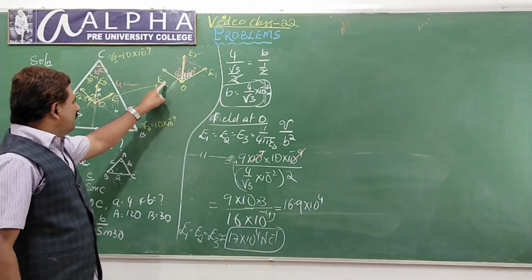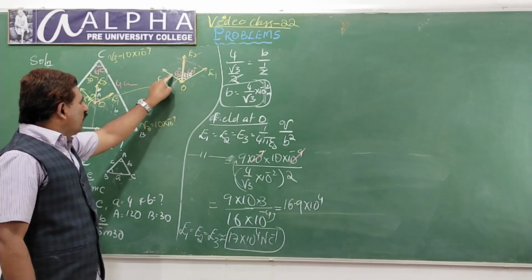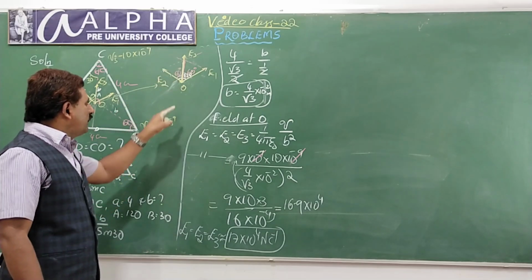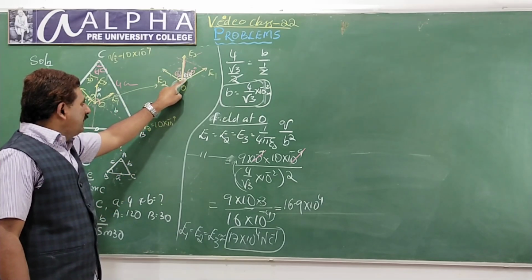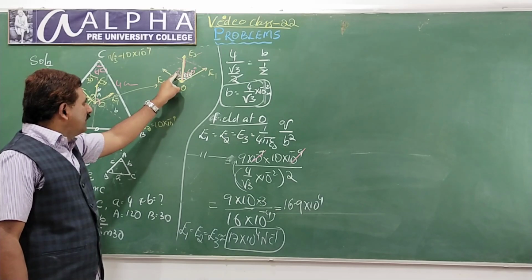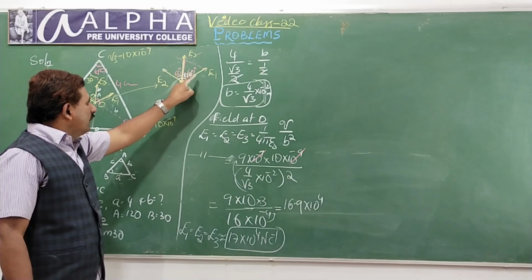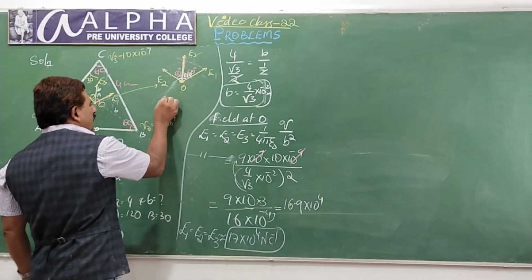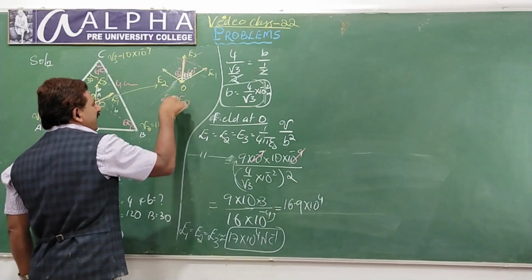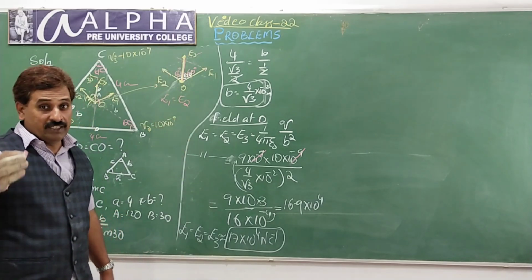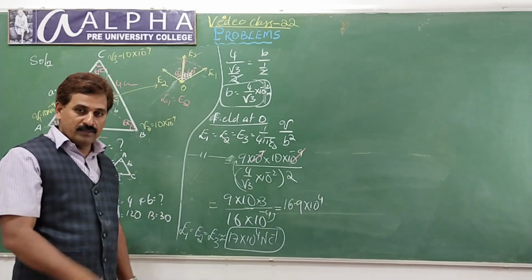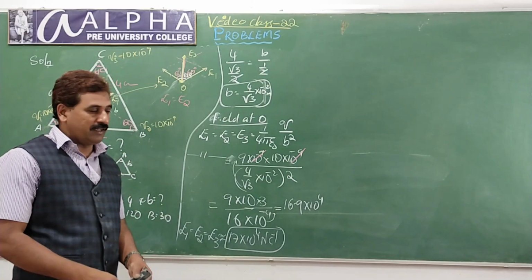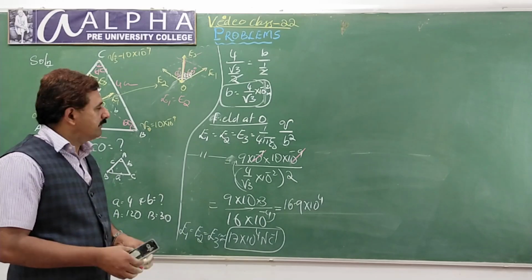Why? Because if the angle is 120 and the forces are equal, the angle is divided into 2 equally, right? Angle 60, 60, total angle 120, forces E1 equals E2. E1 equals E2 means it divides the angle equally. We did this problem, the very first problem, in the previous classes, maybe class 12, 11, right?